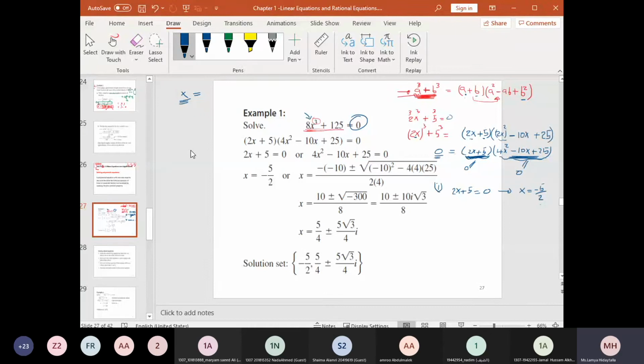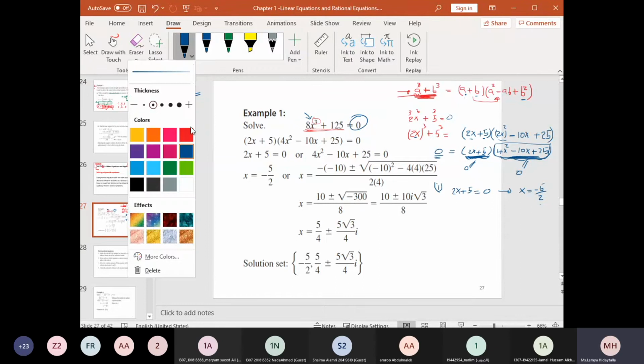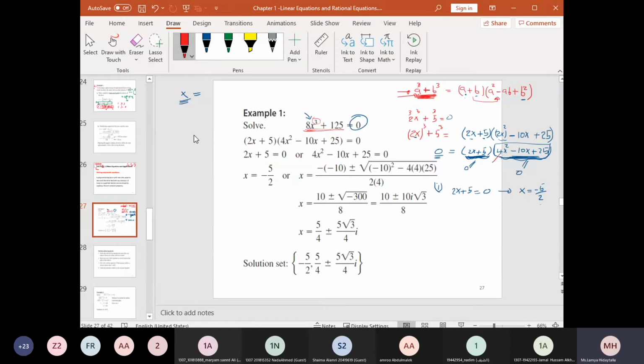Now this term is a quadratic equation, and we have the formula to solve this part. What is your A now? This is my A. What is your B? This is my B. What is your C? This is the 25. Take the formula: minus B plus or minus the square root of B squared minus 4AC, and then over 2A.